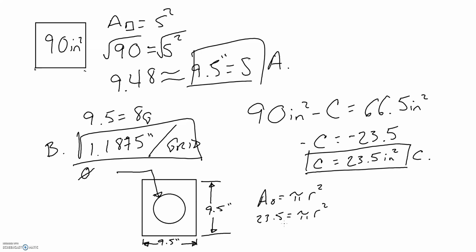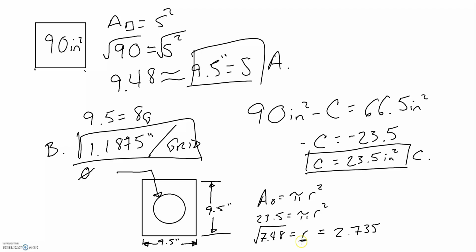I get something around 7.48. So I'm going to take the square root of that number, 7.48, is going to be equal to r, which happens to equal about 2.735.